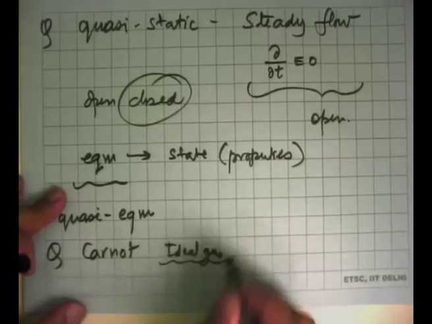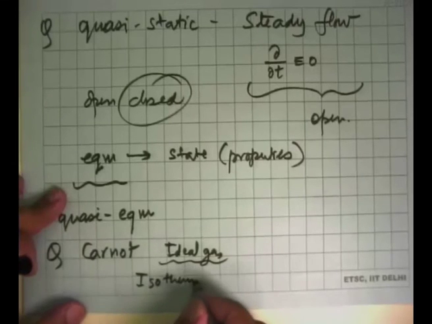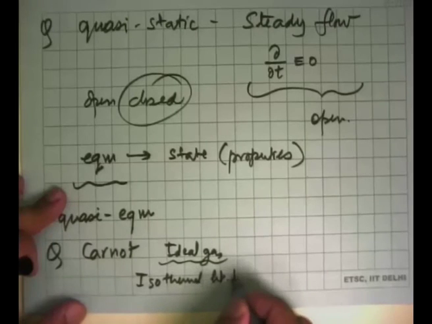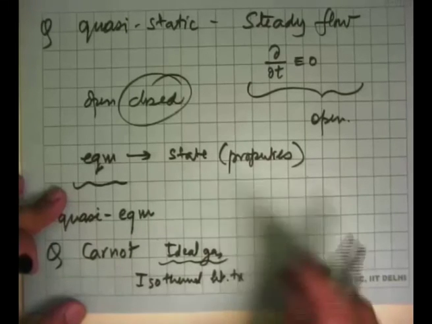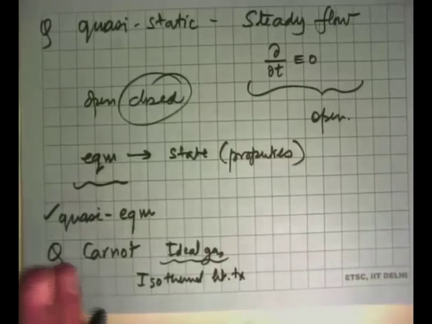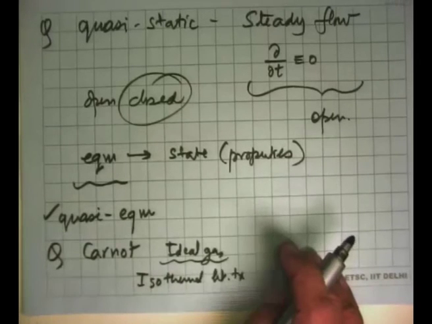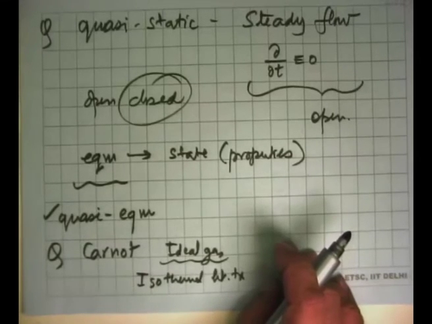The problem really is that we need isothermal heat transfer. With gases, that is not possible to do because either you are compressing and very rapidly cooling at the same time, or expanding and heating at the same time. Both cannot be done. So isothermal heat transfer in a cylinder piston arrangement is not possible.